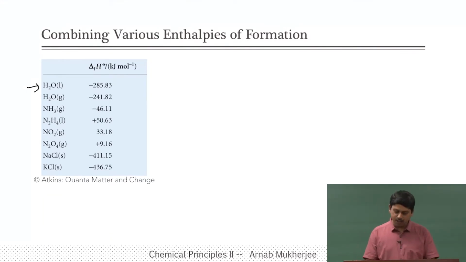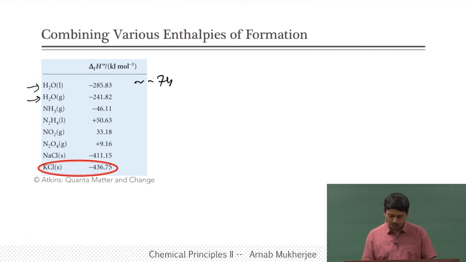So, water's heat of formation is minus 285.83 and methane's is approximately minus 74, and we know that if we burn methane we will get carbon dioxide and water, both of which are more stable than methane. So, that is where we can understand which has higher internal energy and which has lower internal energy. We can see water in the gaseous state also and different things.